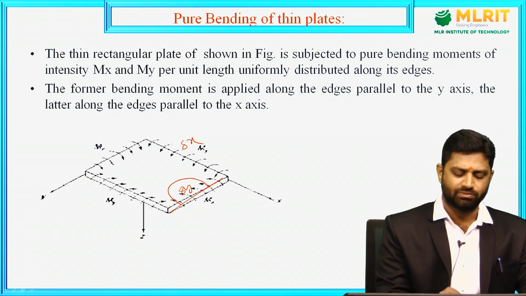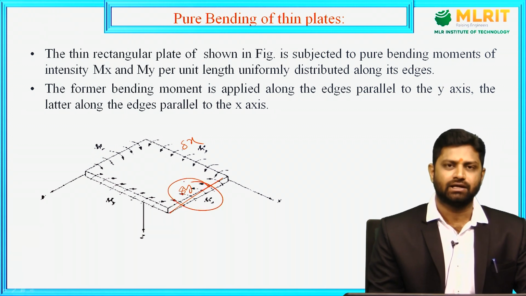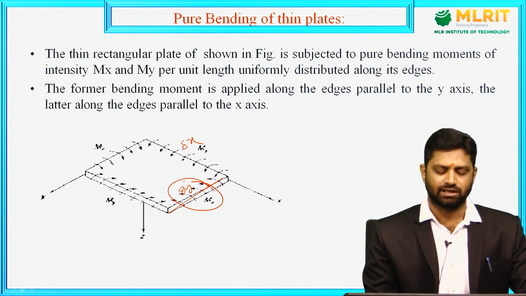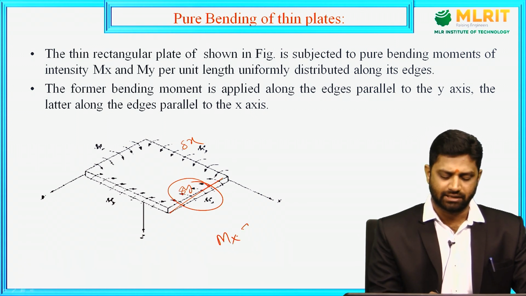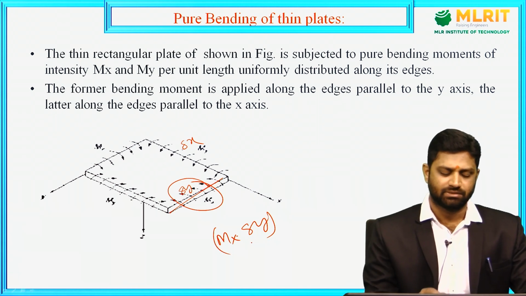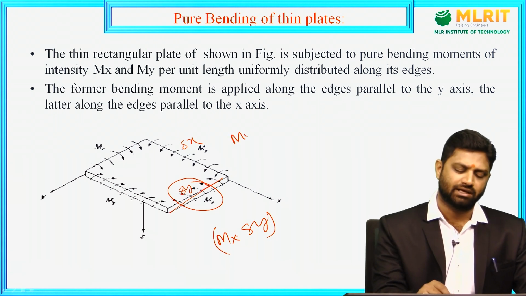So mx should be multiplied with delta y so that it will be converted into moment, as we assume mx is per unit length. So we write mx into delta y. Now it becomes moment. Similarly, when we see my on the other edge, my into delta x becomes moment.